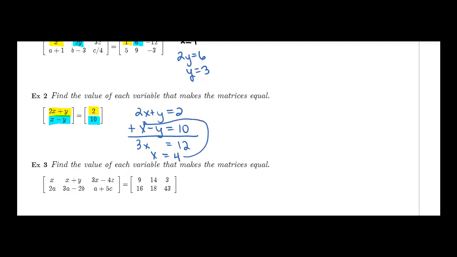I'm going to plug it into the second equation because there's no coefficient on the x. And so if we plug that in, we have 4 minus y is equal to 10. So y ends up being negative 6, if you solve that equation. So this would tell us our x and our y values in this case.